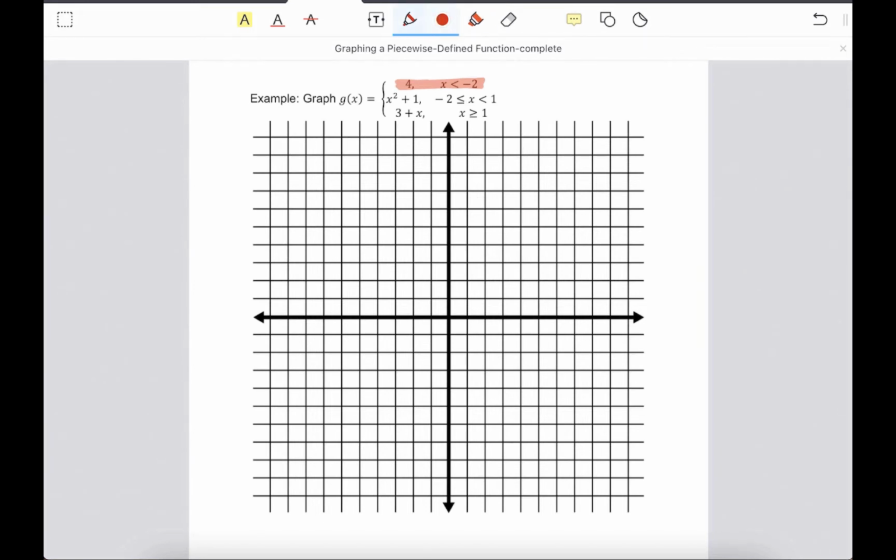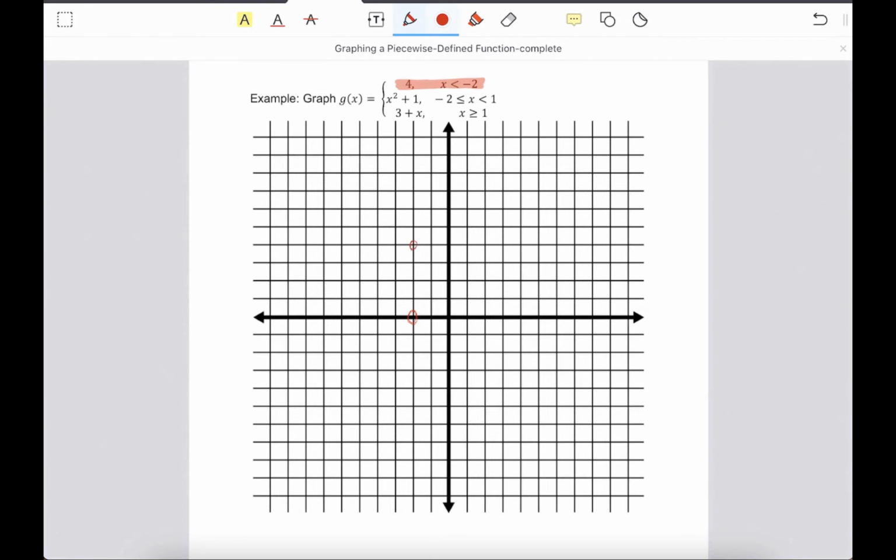So this one says for x less than -2, g of x equals 4. Okay, so -2 is here. This is -2. and it has a value of 4, so I'll go 1, 2, 3, 4, up to 4.